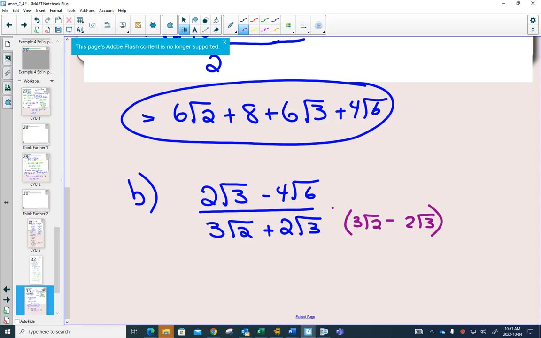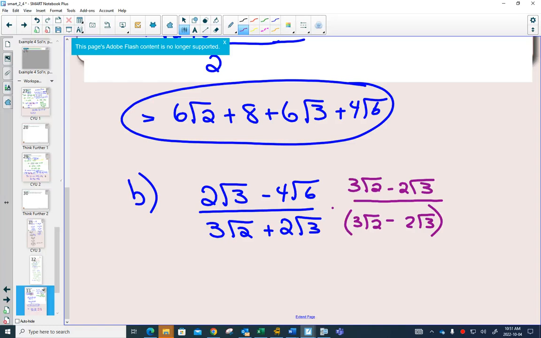So the sign different in the middle is important for the difference of squares. And if I multiply the bottom by that, I have to multiply the top by that, so I'm multiplying by 1, because multiplying by 1 doesn't change my answer, just changes the way that it looks.